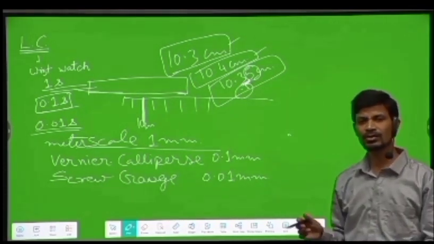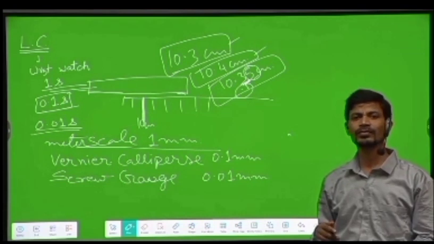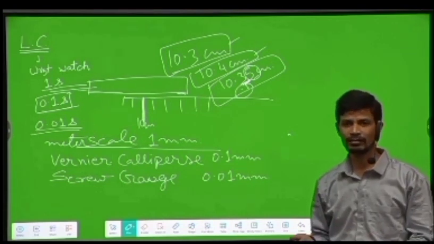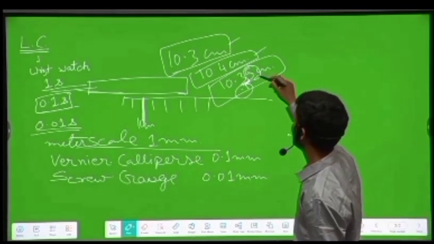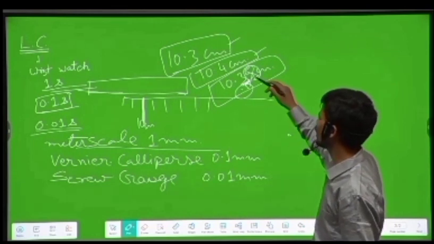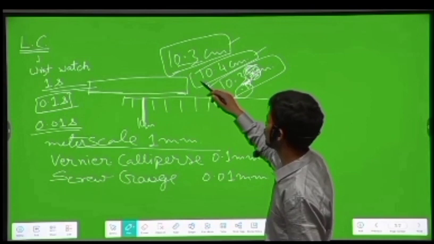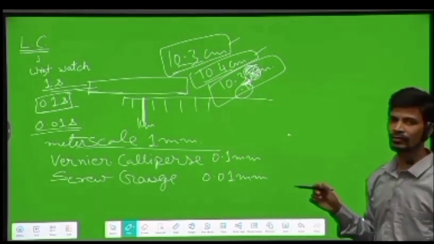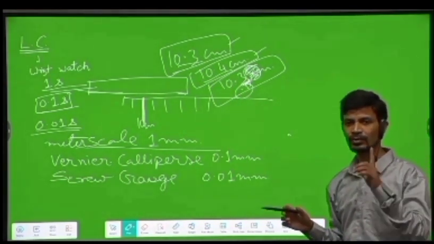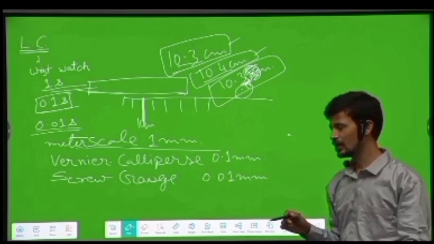So if there is already uncertainty, why would we consider the more uncertain part? That is why we have to eliminate this. We can either go for this value or that value, or even if we are taking the average of both, we have to round it off. Rounding off, I will explain to you later on.